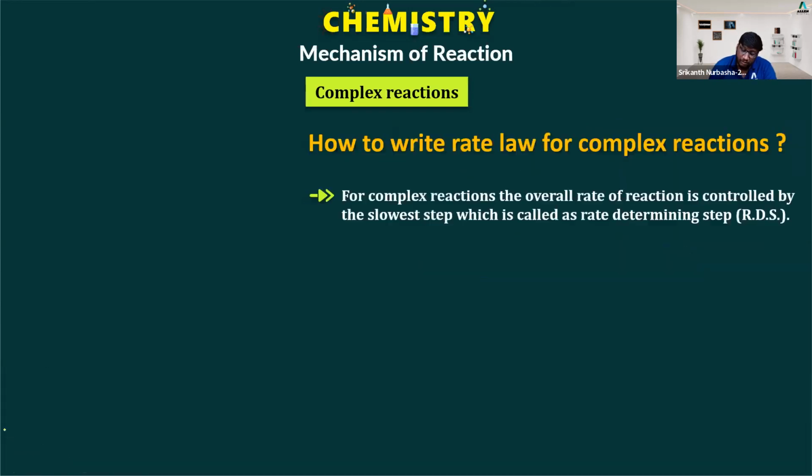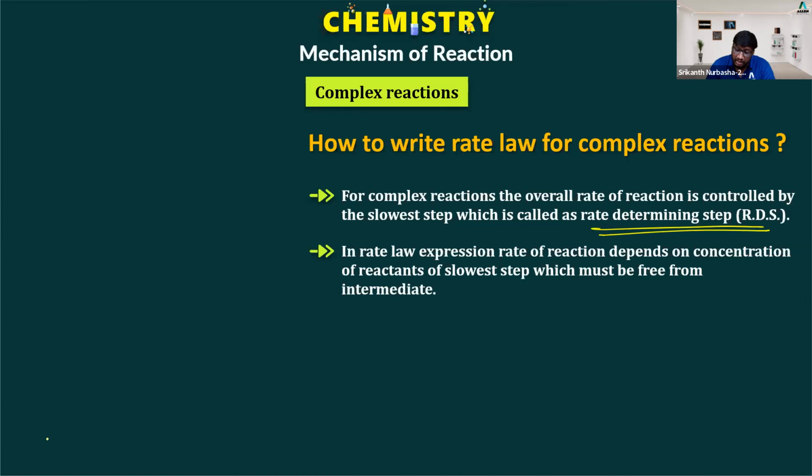How to write rate law for complex reactions? For complex reactions, the overall rate of reaction is controlled by the slowest step, which is called the rate determining step or RDS. In a rate law expression, rate of reaction depends on concentration of reactants of the slowest step, which must be free from intermediate.